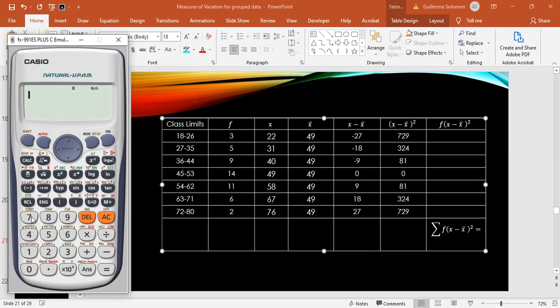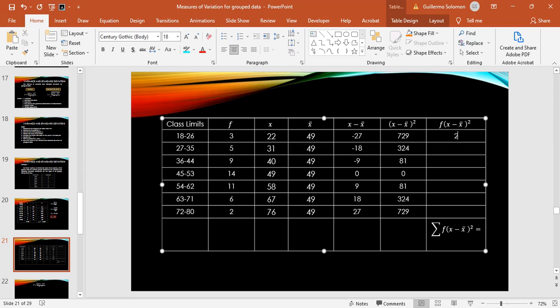So, 3 times 729, 2,187. So, ganoon din sa the rest. So, 5 times 324, that is 1,620.